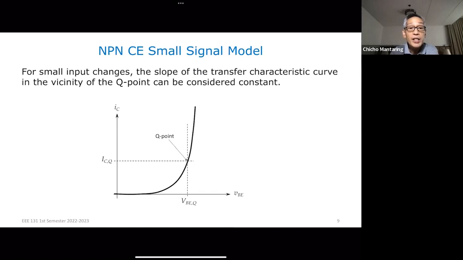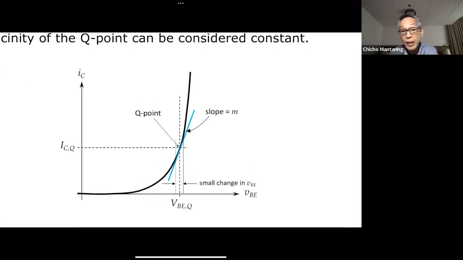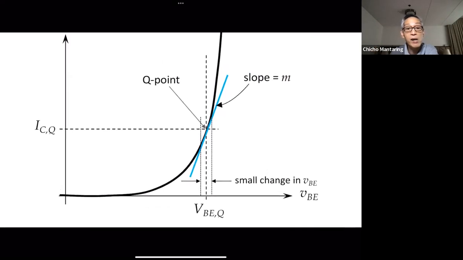For small input changes, the slope of the transfer characteristic curve. I mentioned this is also a transfer characteristic curve because our IC is an output, our VBE is an input. The slope of the transfer characteristic curve in the vicinity of the Q point can be considered constant. This is for small input changes. And this is how I'd like to show that. Let me blow this up a bit.